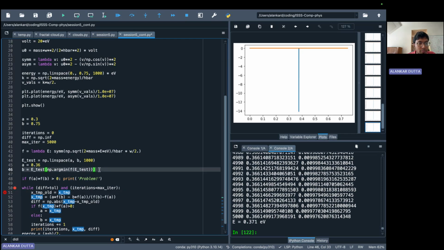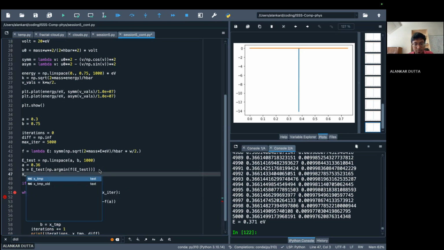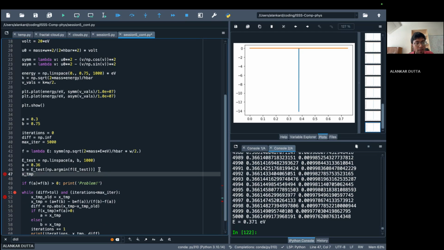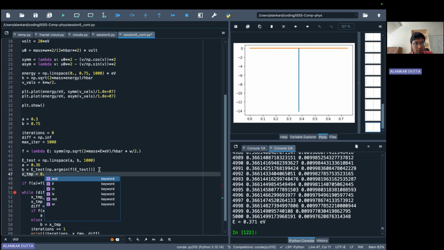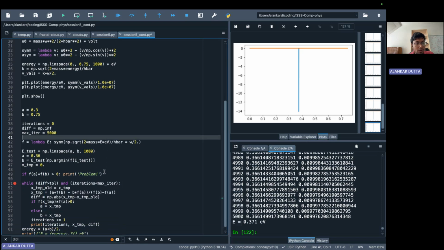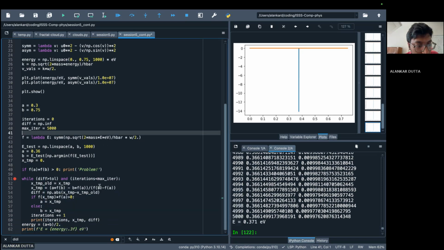And the first XTMP will be equal to, just to start with, some value 0. So it's just very large, right? And now you come in here, you do XTMP old equals XTMP, and then you find out the new XTMP, right? And then you calculate the difference.